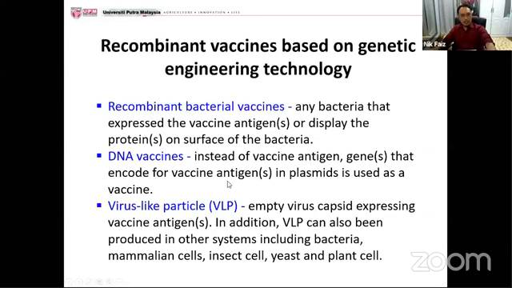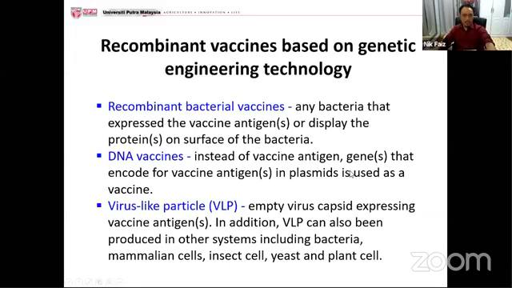And DNA vaccines, this is quite new. Well, it's not very new technology. It's been a while. It was first introduced in 1993 for poultry, especially against avian influenza. It has been developed against several viral, bacterial, and protozoan diseases.